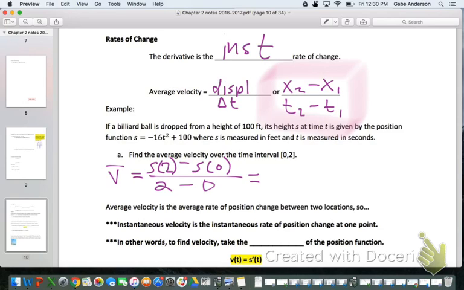What are you guys getting for s of 2? 36, yeah. 36 minus s of 0, that's the easier one, isn't it? What's s of 0? 100, okay.